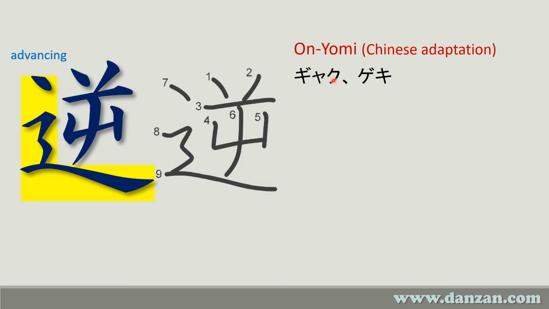And then this is ku, so it'd be gyaku. And then it can also be pronounced as, this is ke, but with the two dots it would be ge, and then ki, geki. So it could be gyaku or geki from the on reading.